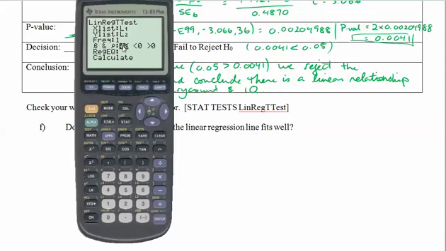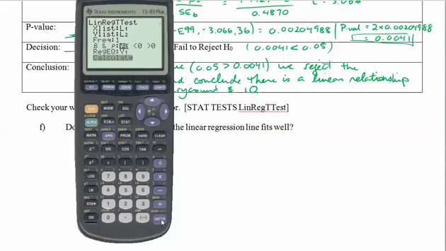We're going to choose beta is not equal to 0, and then we can put in the VARS, Y-VARS, function, and we can choose Y1 because this should be the exact same function that it plops in there as what we already did before.